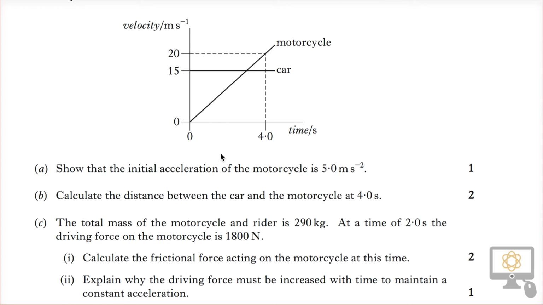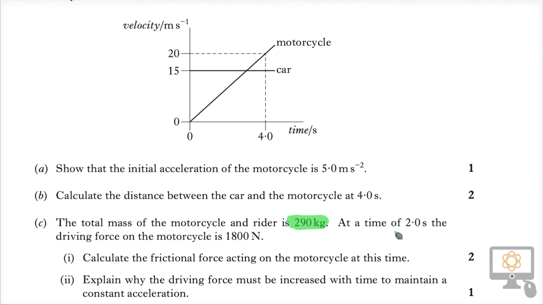Right, so let's have a look at question 21C part 1, which is down here from the 2013 Revised Higher Physics paper. And it says the total mass of the motorcyclist and the rider is 290 kilograms. I'll just highlight that.